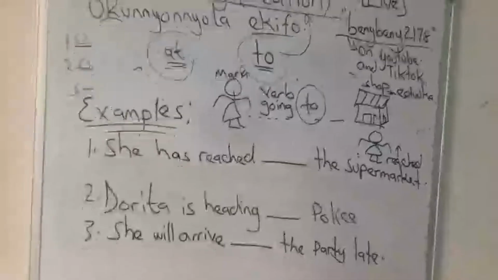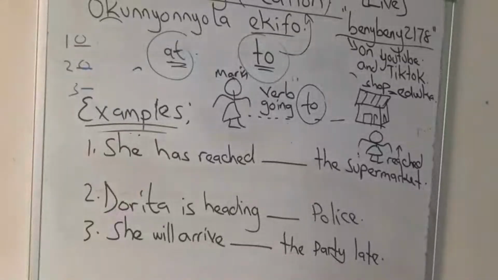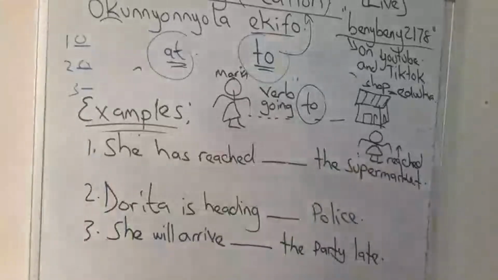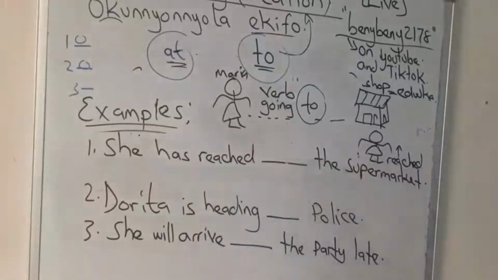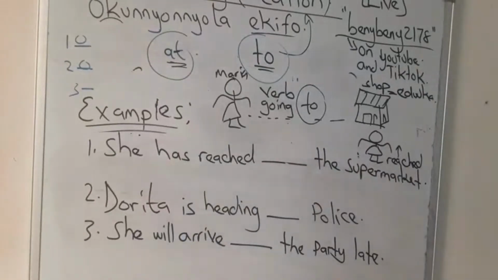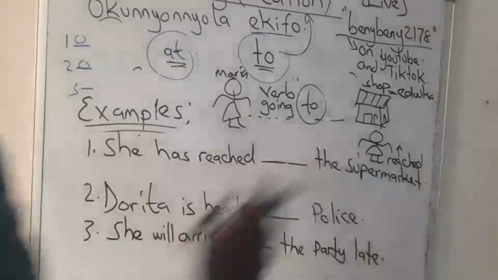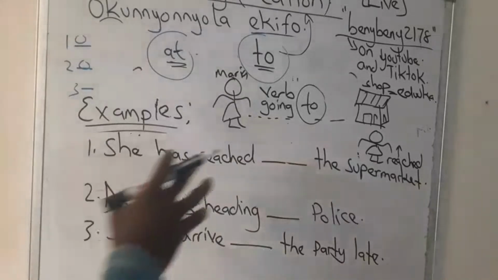Let's proceed. So the answer here, number one was, she has reached dash the supermarket. What is the answer? If I say she has reached dash the supermarket, the answer is she has reached.